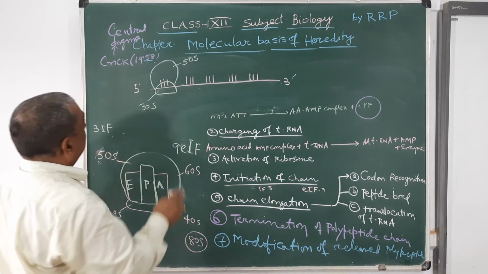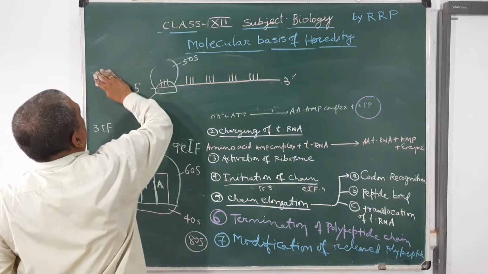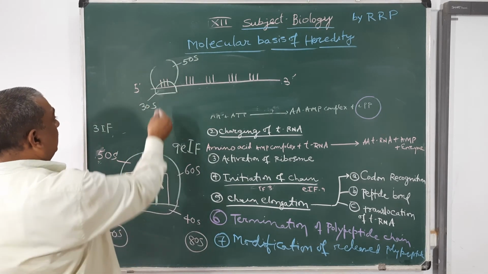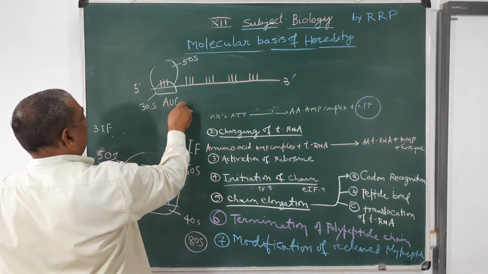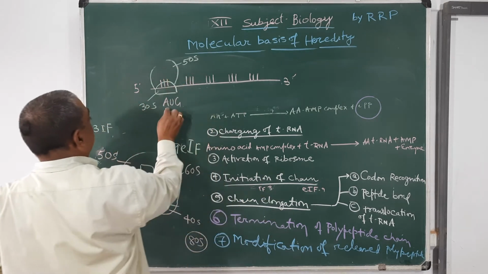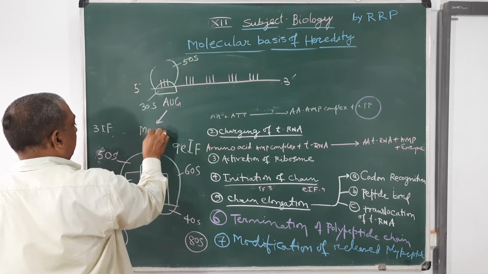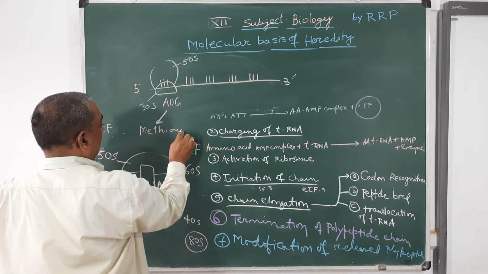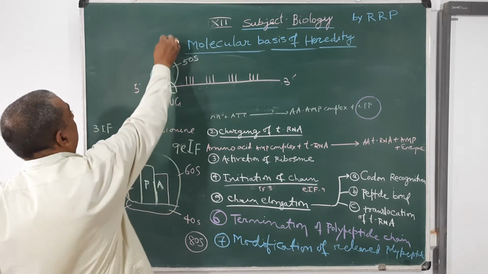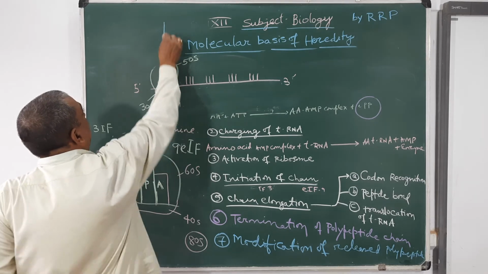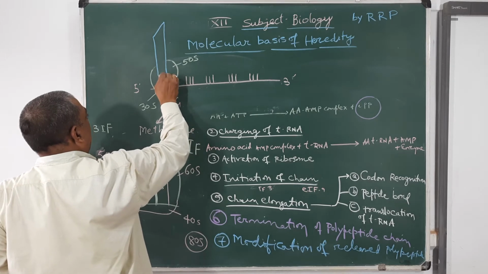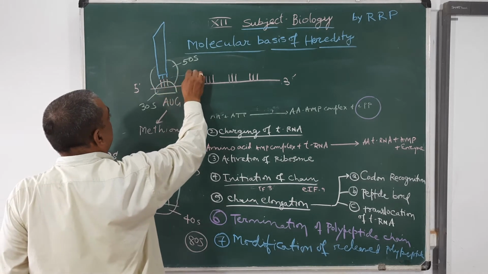And now the activated tRNA is joined with the codon. Suppose the codon is AUG, it will recognize methionine. It is responsible for recognizing an amino acid called methionine. So the activated amino acid comes and they are joined by a hydrogen bond.